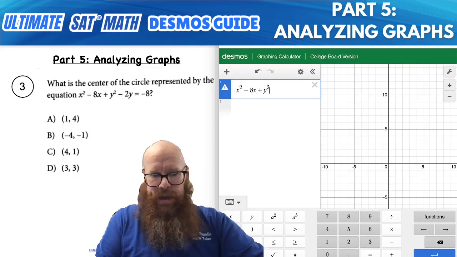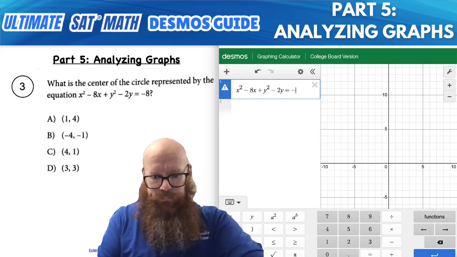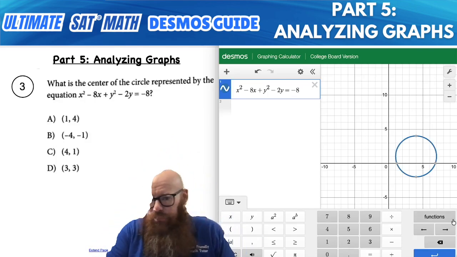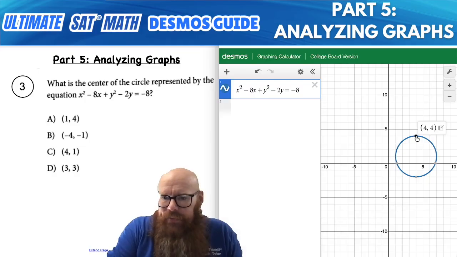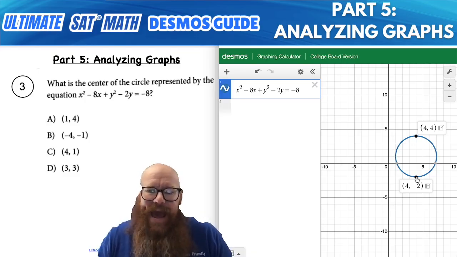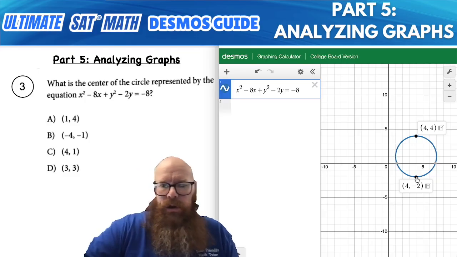So I just put it in as is, and it will sure enough be a circle. And if I want to find the center, Desmos will always highlight the highest and the lowest points. Notice they have the x in common, so therefore the center of the circle has to have an x coordinate of 4.